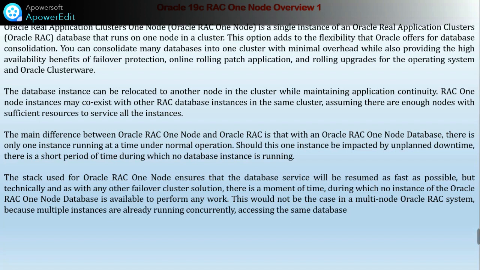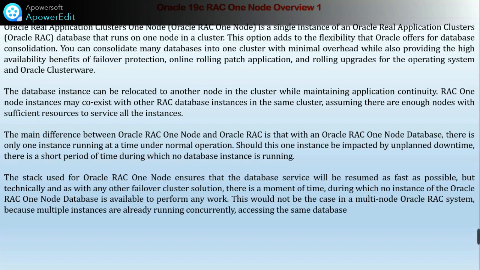You can consolidate many databases into one Oracle cluster with minimal overhead while also providing the high availability benefits of failover protection, online rolling patch application, and rolling upgrades for the operating system and Oracle Clusterware. The database instance can be relocated to another node in the cluster while maintaining application continuity.